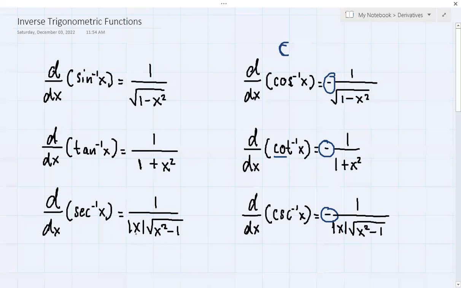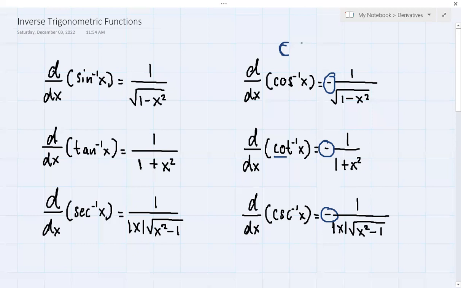So ang derivative ng arc secant ay 1 all over the absolute value of x times the square root of x squared minus 1. Then meron tayong cosecant, okay? So in here, we have arc cosecant x. So sa kanya naman ay negative. So here, negative 1 all over the absolute value of x times the square root of x squared minus 1.